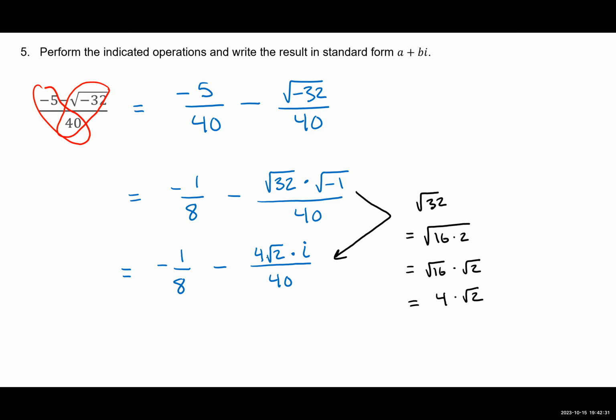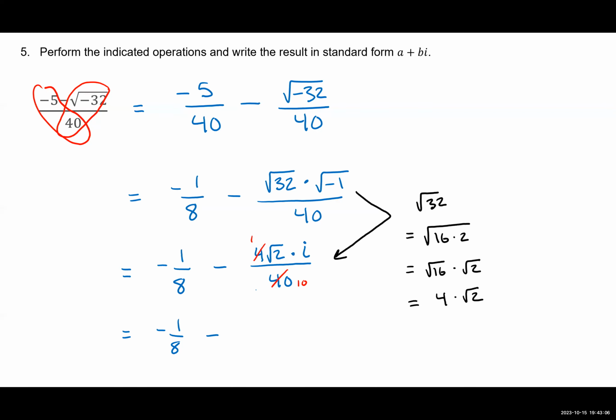And now we've got a 4 on top, a 40 on the bottom. They're both divisible by 4. So we could do some canceling there. So this is negative 1 over 8 minus, let's see, I'll use red to do a little bit of marking here. The 4 and the 40 become a 1 and a 10, because we canceled a 4 from each of those.